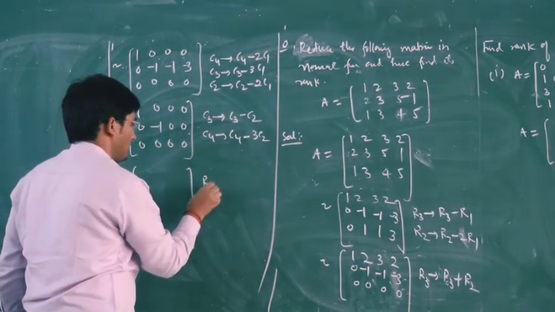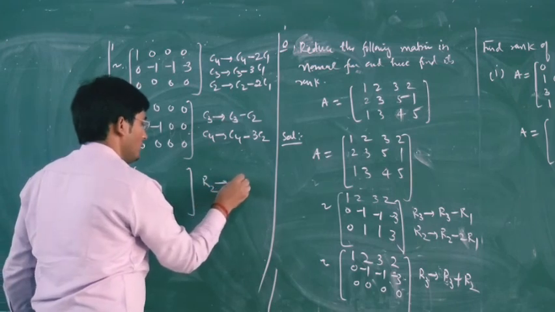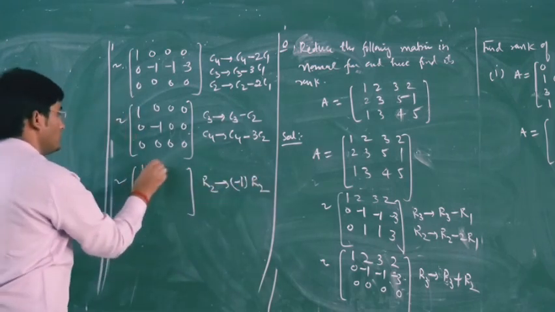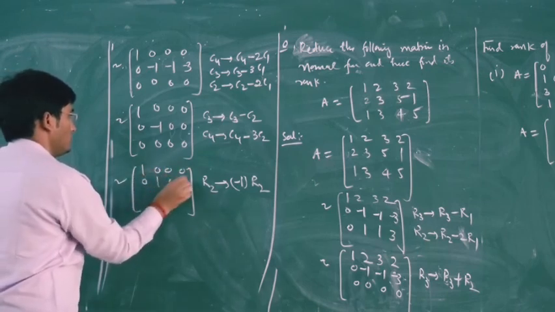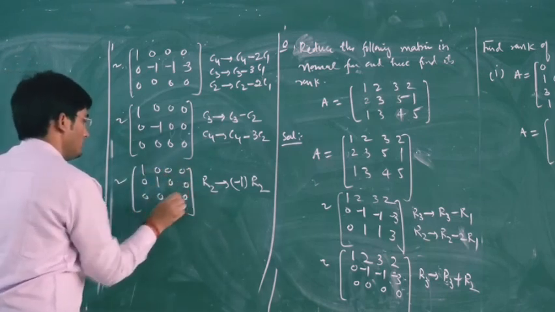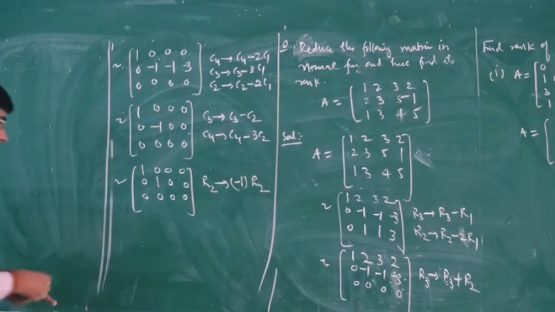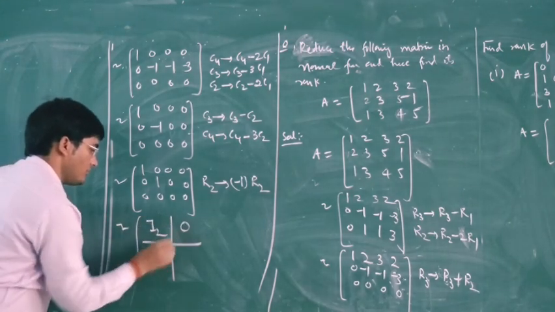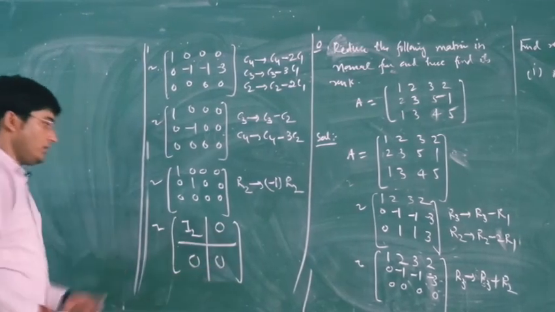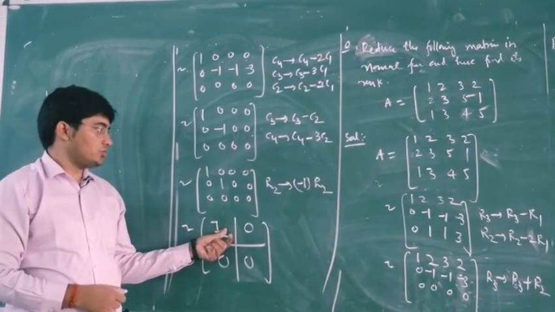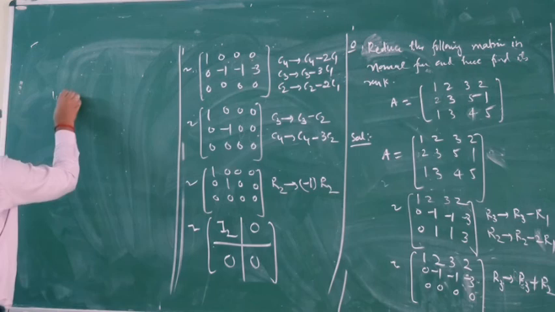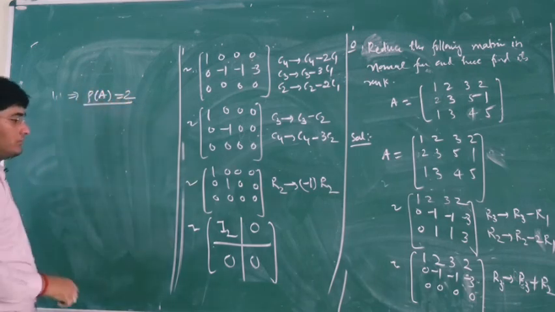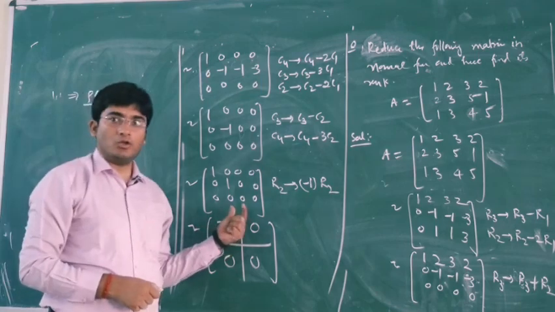So R2 equal to minus 1 times R2 will give you 1 0 0 0, 0 1 0 0, 0 0 0 0. So here you can see that this is of the type I2. Then we have a 0 matrix. So here, as we have two non-zero rows, the rank of the matrix is equal to 2, and the matrix is in normal form.